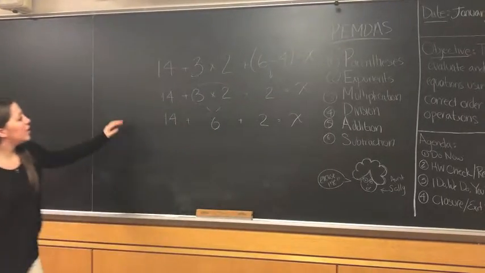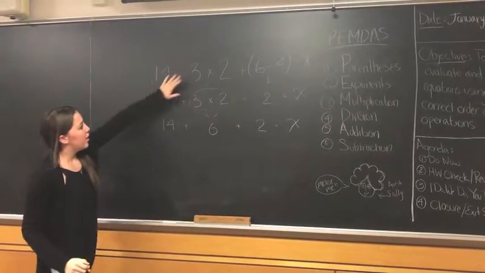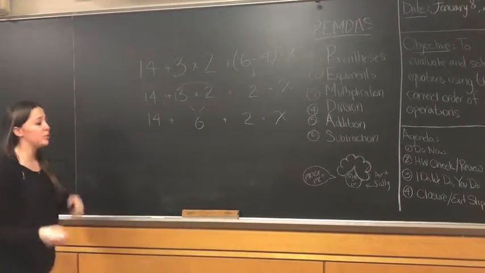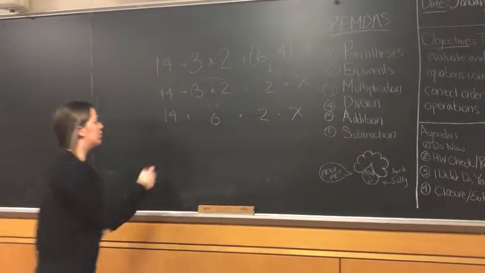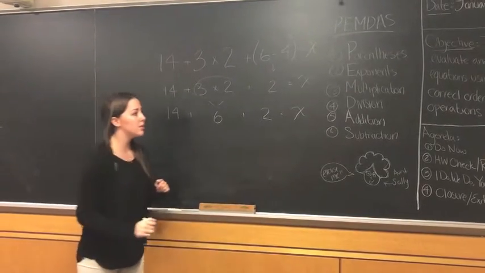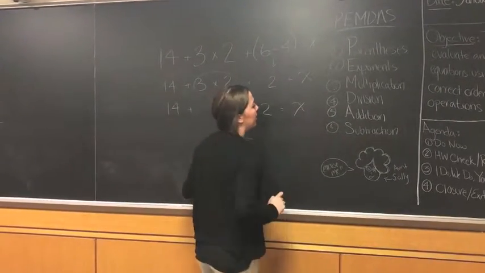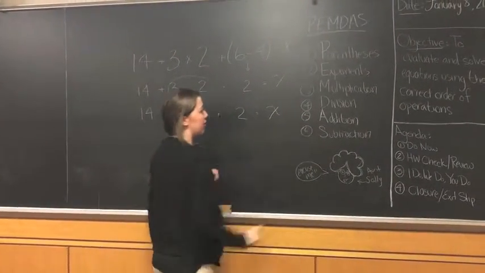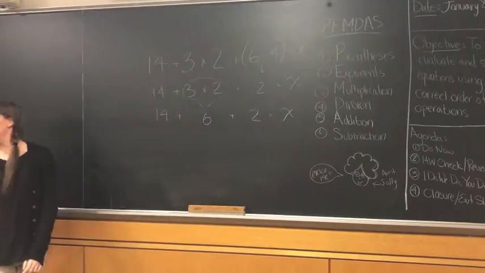And I don't know if you guys can tell, but I am lining up everything so that it's easy to keep track so I don't lose any of my variables, my numbers, or my operations. So right now we're left with 14 plus 6 plus 2 equals x. And we are left with division. Is there any division? No. We have addition. There is addition. And we always work, what do we do over here?